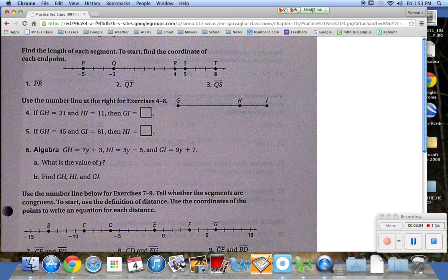Let's take a look at this one. GH, this one right here, is 45. But GI, this one right here, is 61. How big is HI? How would you figure that out? What would you do, Ty? This length here is 61. This one's 45.